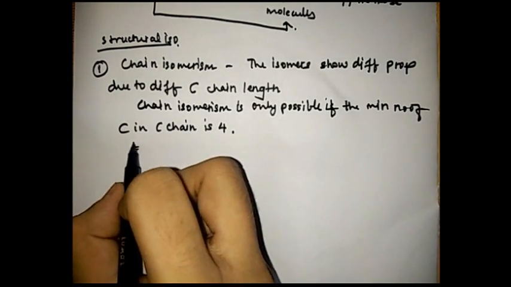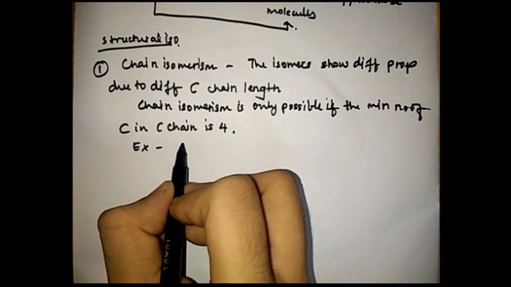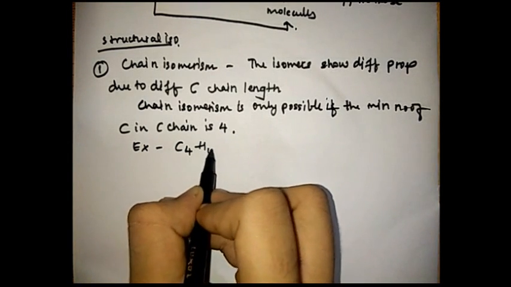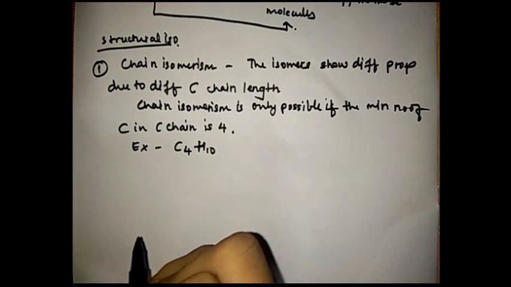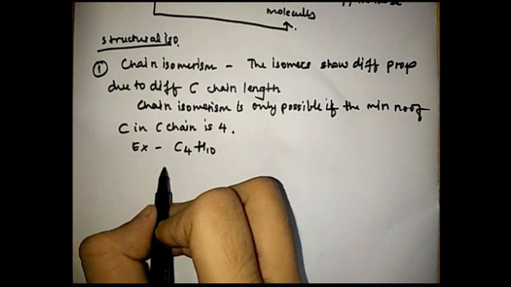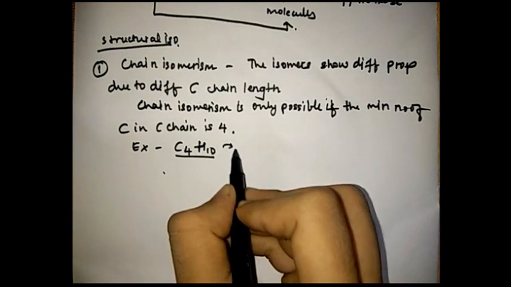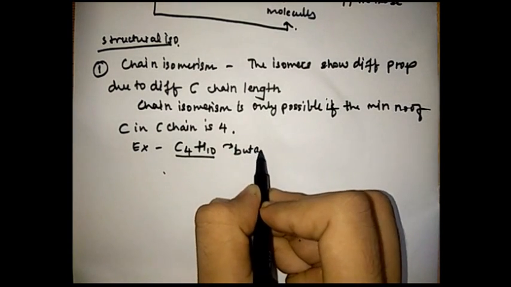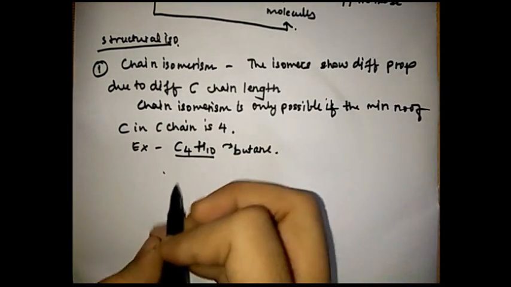So, giving an example, C4H10, butane, an alkane.